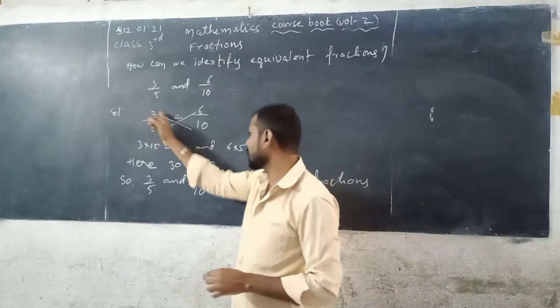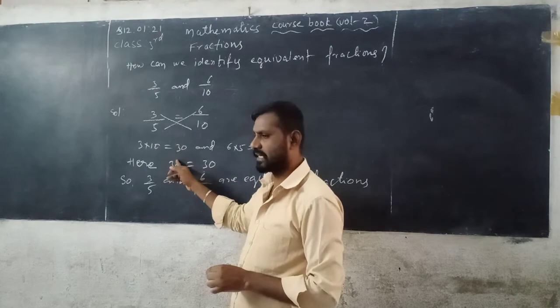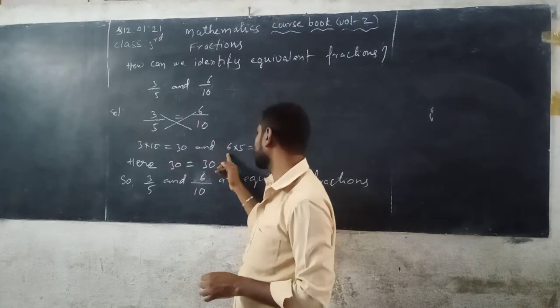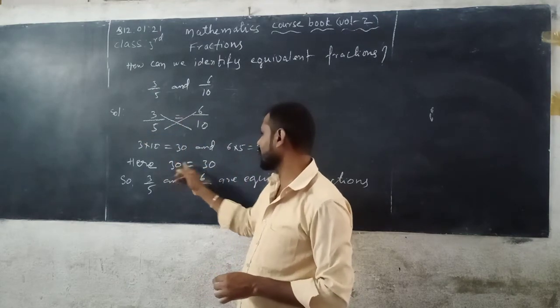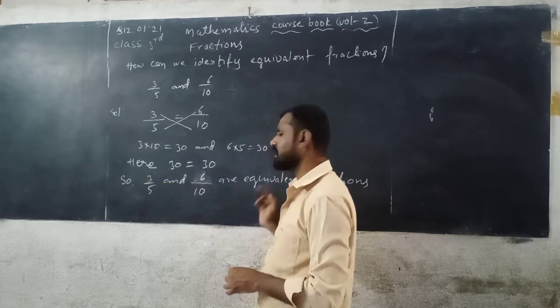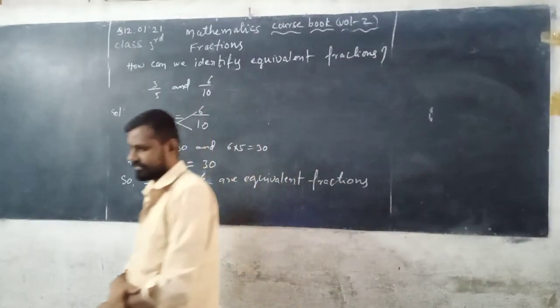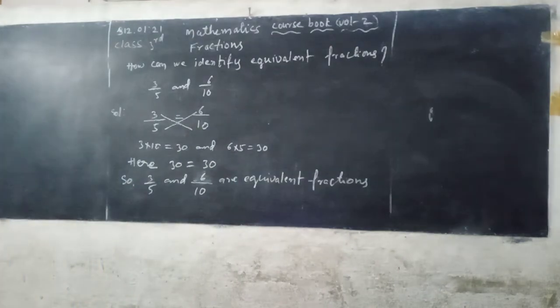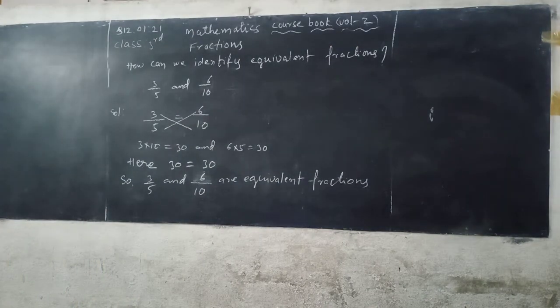So 3 is multiplied by 10, 3 10s are 30, and also 6 is multiplied by 5, 6 5s are 30. Here 30 is equal to 30. So 3 by 5 and 6 by 10 are equivalent fractions. Right?